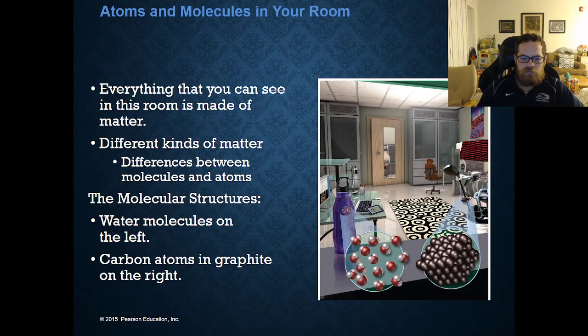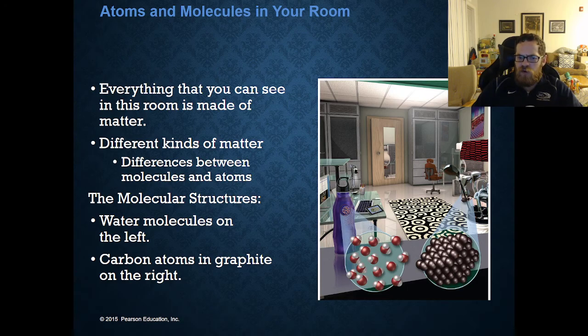So, molecules and atoms. In this picture of a room, we can see molecules of water in this water bottle. We could also zoom in on this golf club, which is likely an aluminum alloy. And we can see atoms. They might be multiples together, but they're all the exact same atom.